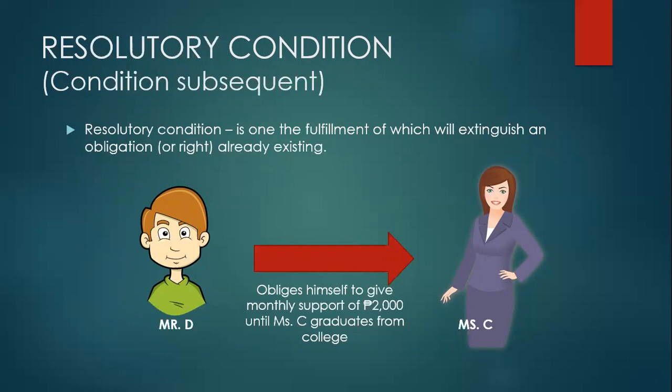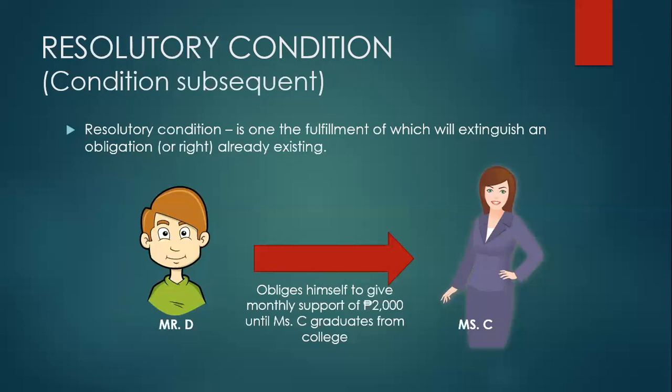For example, Mr. D obliges himself to give monthly support of 2,000 until Miss C graduates from college. From the start of the obligation, Mr. D is obliged to give a monthly support of 2,000 to Miss C, meaning to say the obligation has started to become effective upon the creation or the constitution of the obligation.